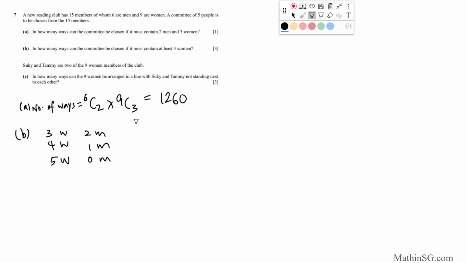Next I need to find the number of ways with 4 women and 1 man. To choose 4 women out of 9, it is 9 choose 4. Then 1 man from 6 men, so it's 6 choose 1, which will give me 756.